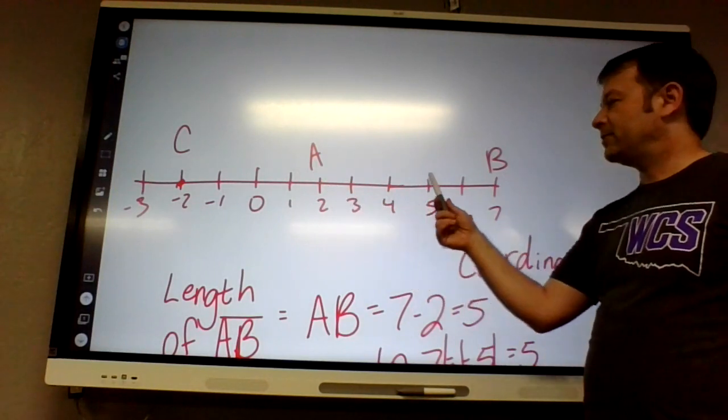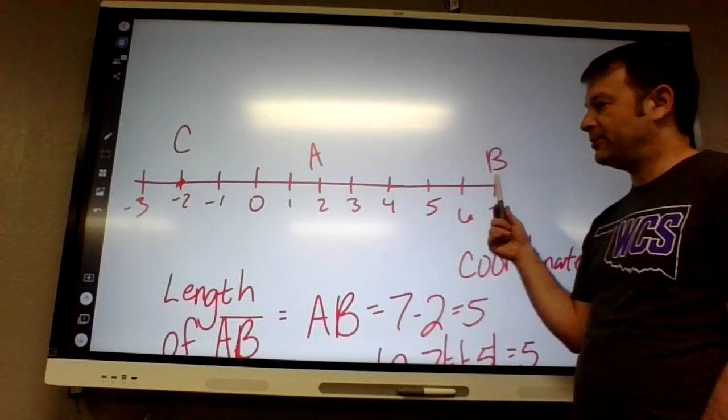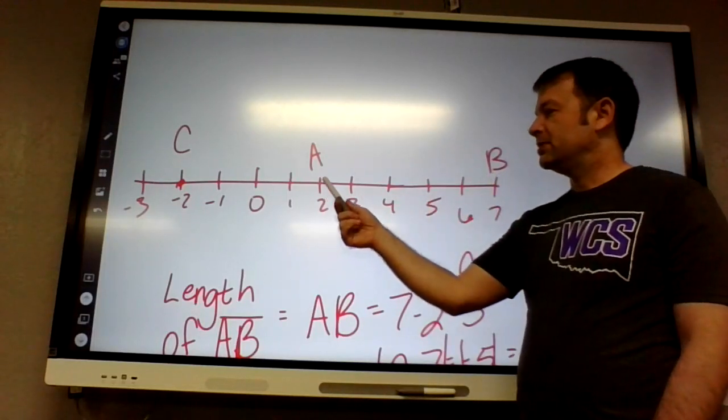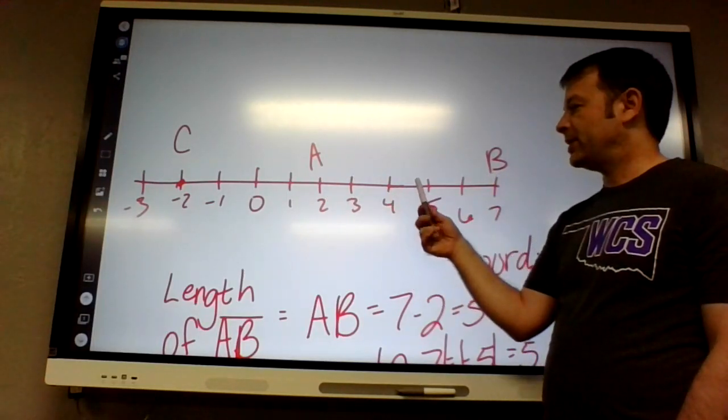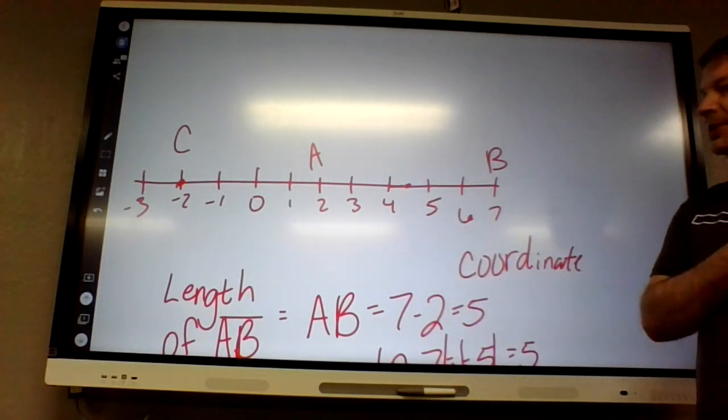It's 5 all the way from here to here, right? Divide that by 2 is like 2.5. So it'd be 2 plus 2.5, like 4.5.